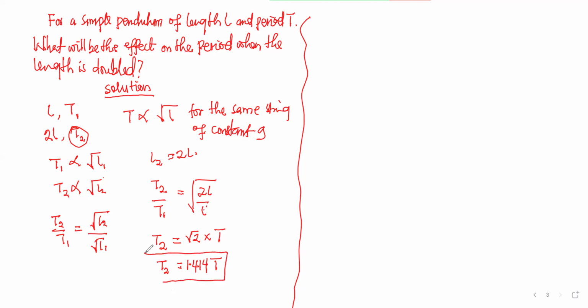So this is what will happen if the length is doubled. Now, what will happen if the length L is tripled? What will happen to the period when the length is tripled?